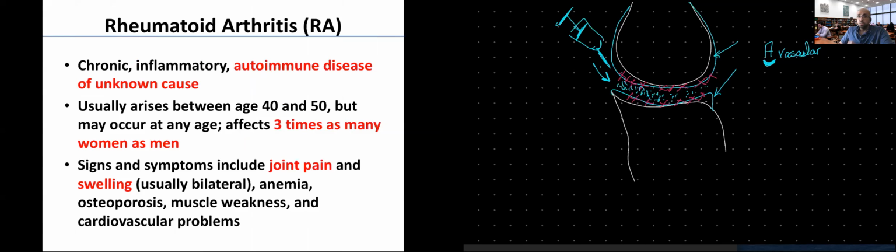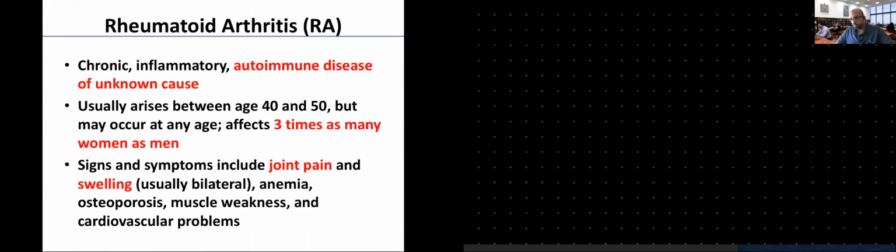Moving on to another chronic arthritis. It's rheumatoid arthritis. Rheumatoid arthritis is a chronic inflammatory disease. It's an autoimmune disease of unknown cause. Many theories, but still no definitive etiology for rheumatoid arthritis.